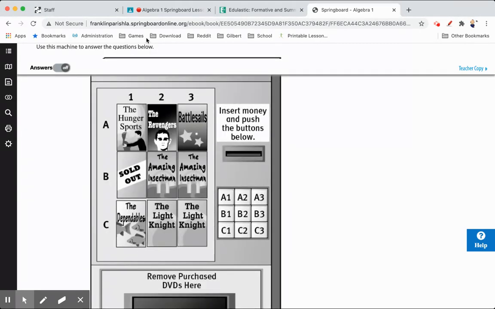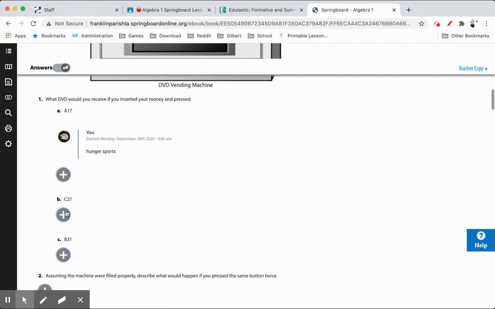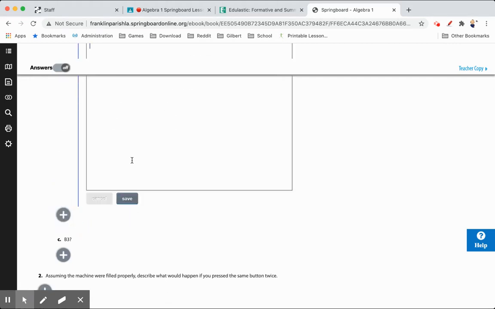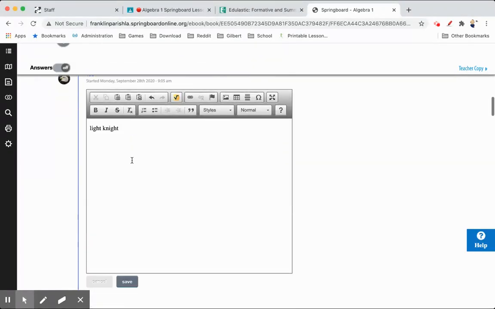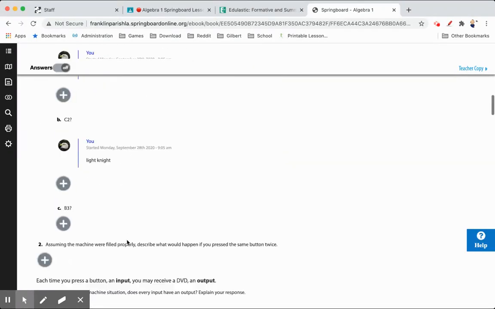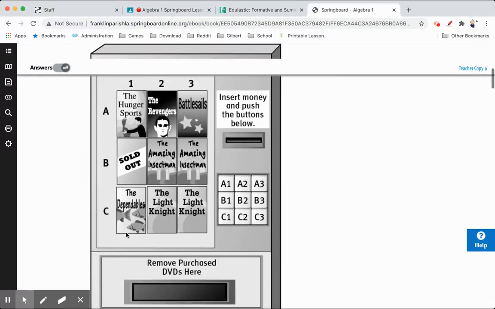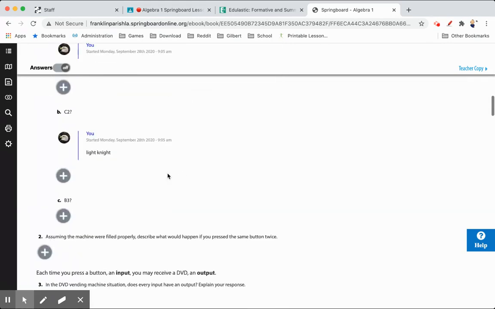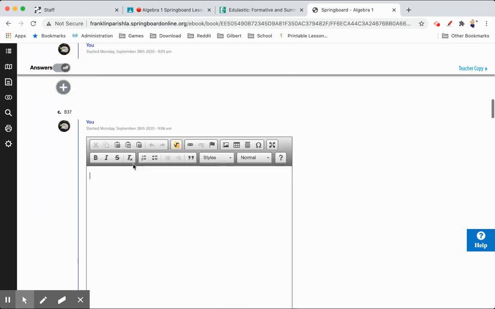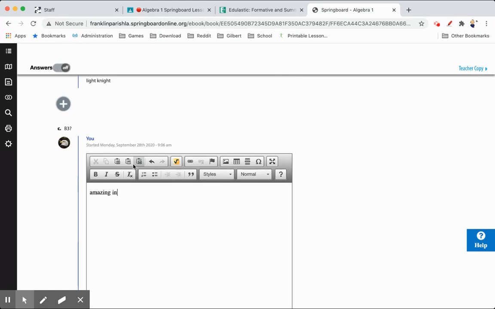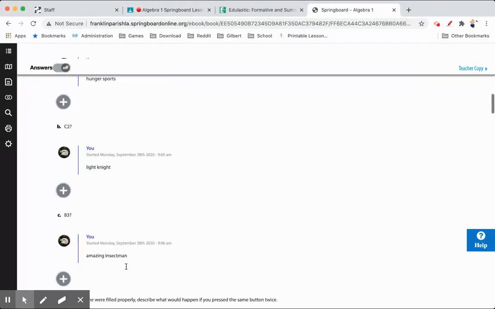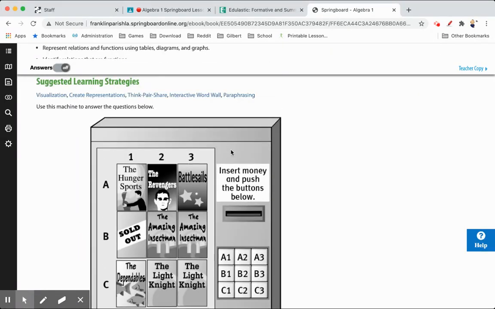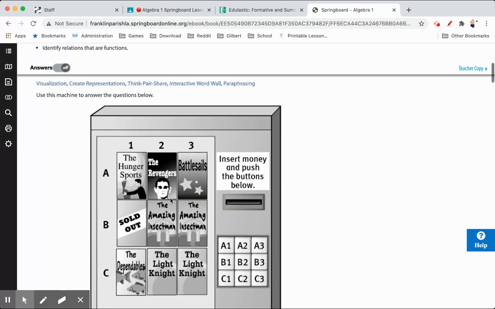C2, The Light Night. C, B3. B3, The Amazing Insect Man. So that right there is an example of how to read this picture and representation.